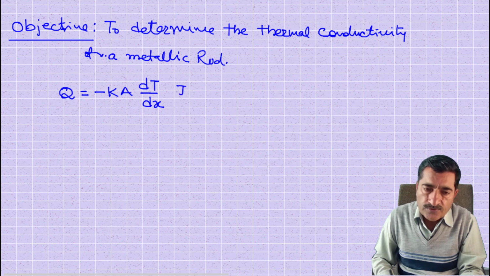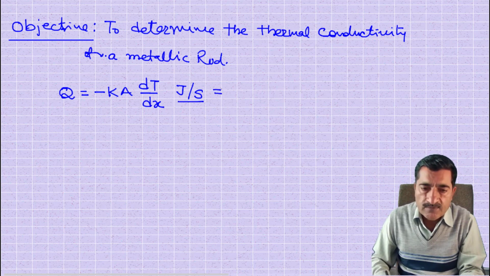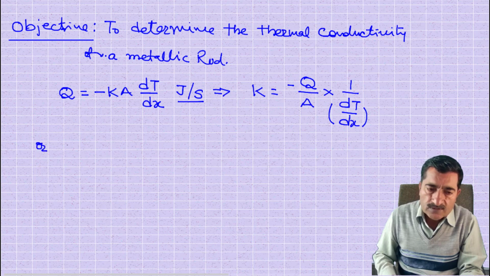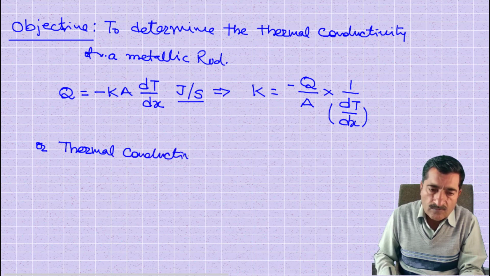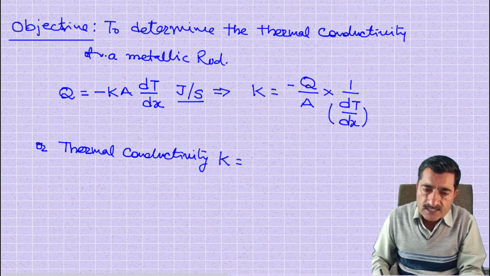The unit of Q is joule per second. It can be written as K, the thermal conductivity, equal to minus Q by A into 1 upon the temperature gradient dT by dx, where Q upon A is the heat flux.